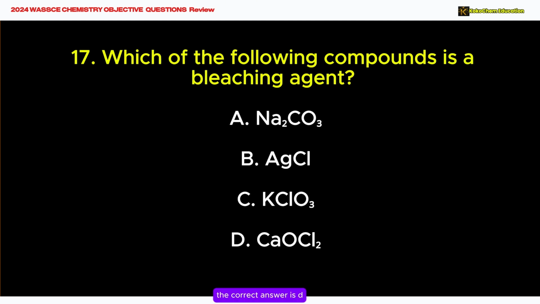The correct answer is D. Explanation. Calcium oxychloride, CaOCl2, is commonly known as bleaching powder and is used in water treatment and sanitation.